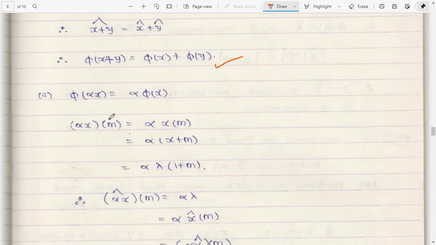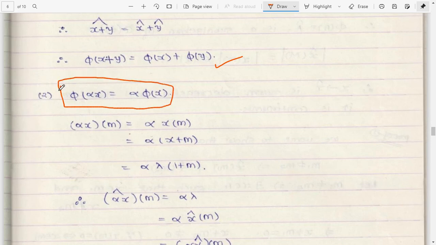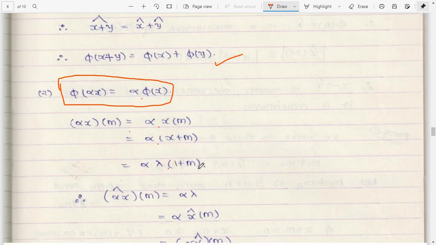Now to show phi of alpha x is equal to alpha into phi of x. So we take alpha x of m, where x of m is equal to lambda into 1 plus m.